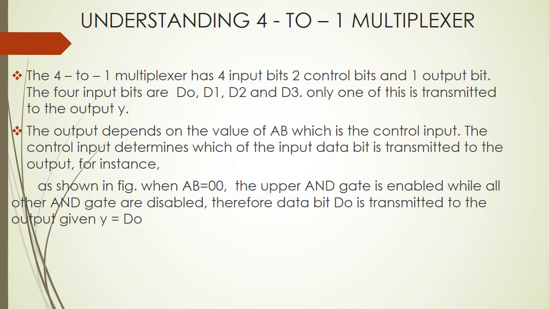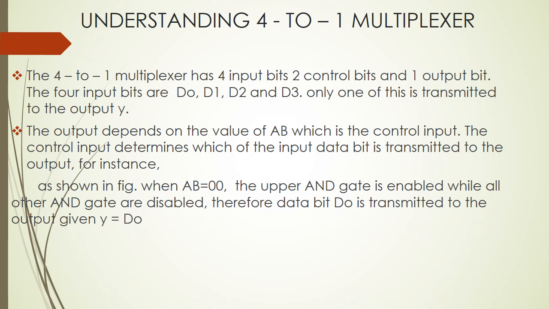So let's understand how the 4-to-1 multiplexer works. The 4-to-1 multiplexer has 4 input bits, 2 control bits, and 1 output bit. The input bits can be represented as D0, D1, D2, and D3. Only one of these can be transmitted to the output, which is Y. The output depends on the value of AB, which is the control input.